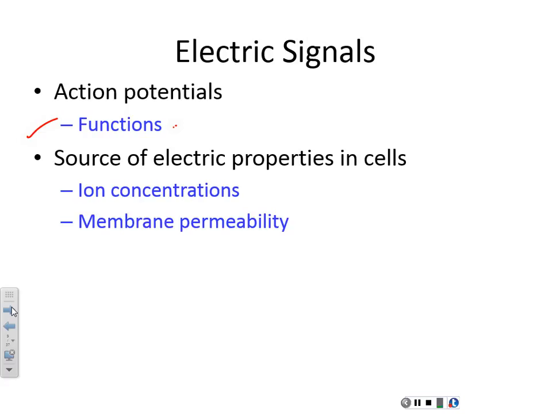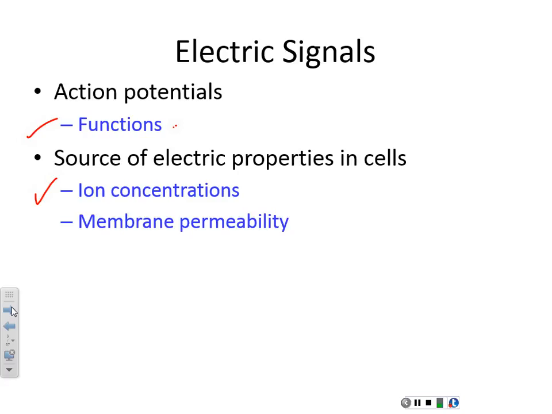Okay? So what is the source of these electric properties of cells? It's of course the ion concentrations on the inside and outside of the membrane. Okay? So that's what allows the membrane to pass an electric current. Okay?